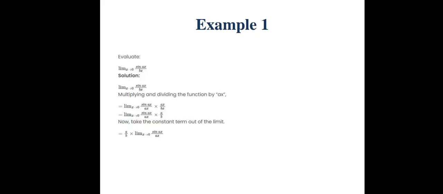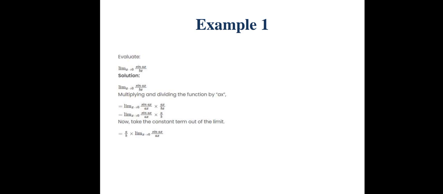Take an example here. Evaluate the limit x tends to 0 of sin ax divided by bx. Here x tends to 0. Multiply and divide the function by ax. You will get the limit x tends to 0 of sin ax divided by ax, into ax divided by bx.